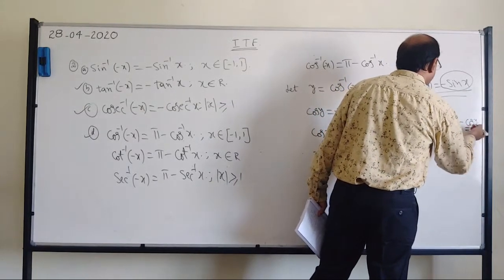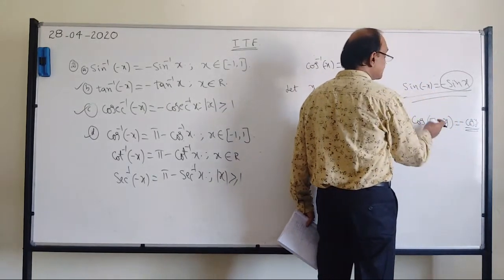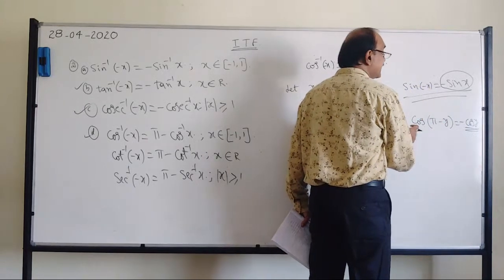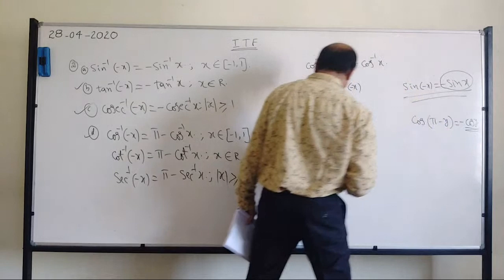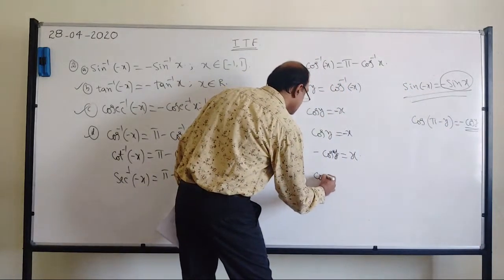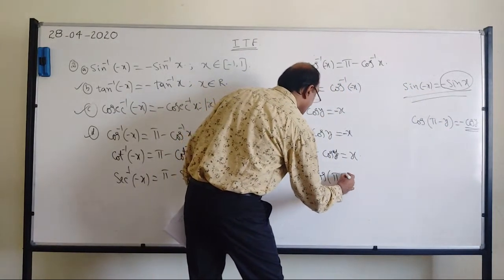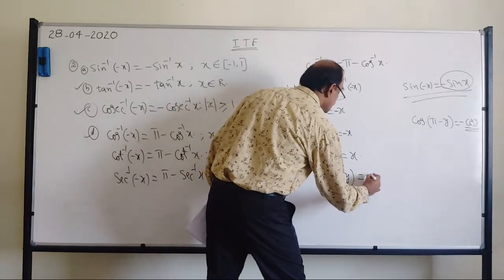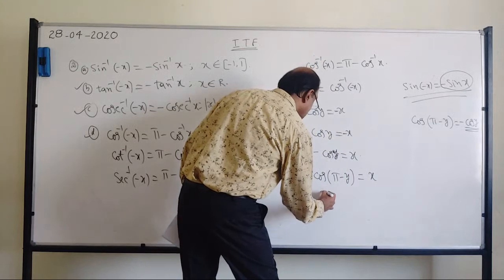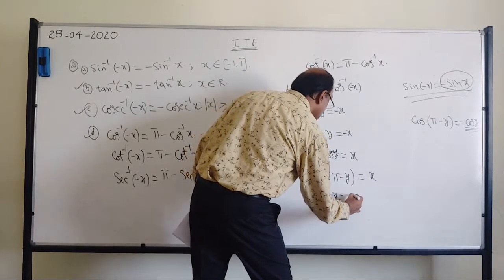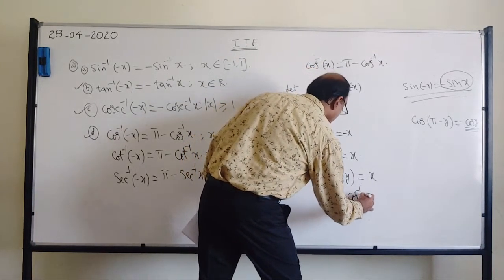Because in the second quadrant cos is negative, you get minus cos y. Now this I can write as cos of pi minus y equals x. Now this I will send that side.